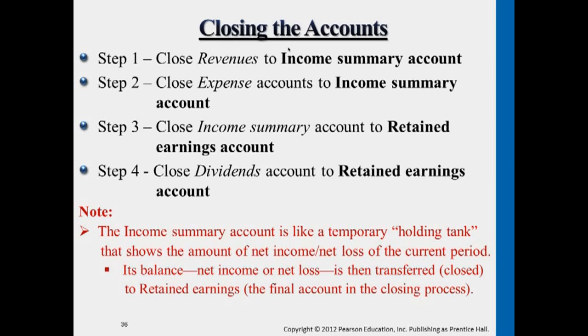Now this season we have an additional $3,000 and we gave away $500 as a reward to shareholders. So overall, this account now would finally represent the same balance as the statement of retained earnings. That would be $9,000 minus $500. So you will see $8,500 as the ending balance.